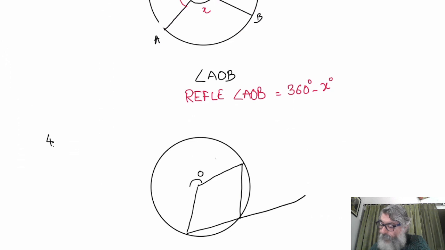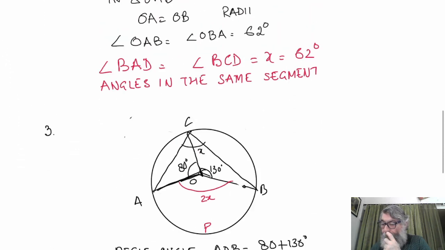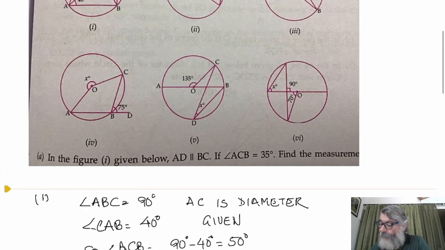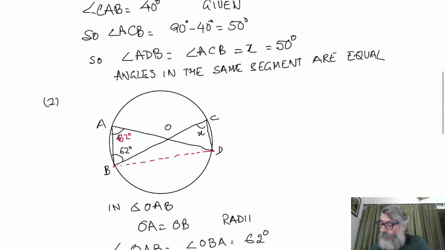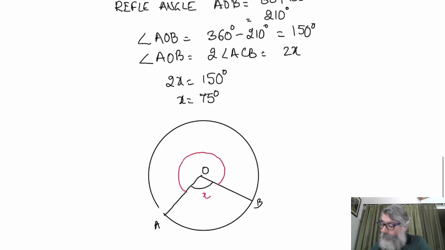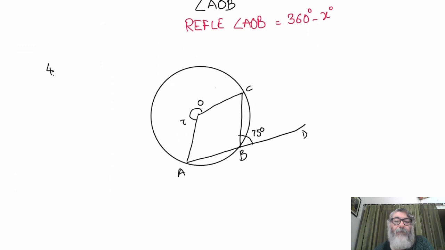He wants to find X. I think this is given A, this is given B, this is given C, this is given D, and this angle I think is 75 degrees. Yes, this angle is 75 degrees. And we have to find the value of X.